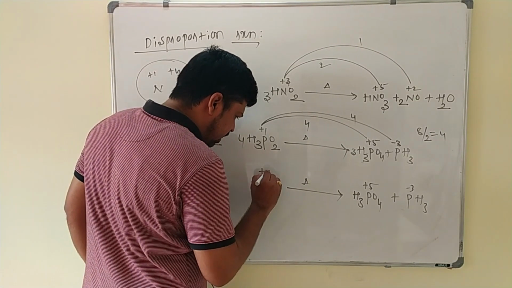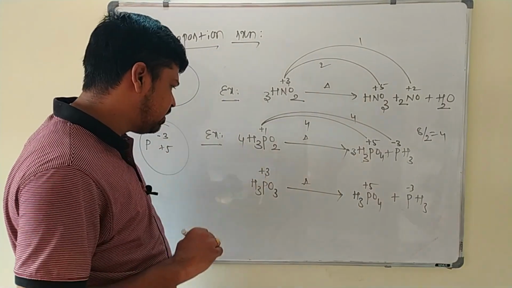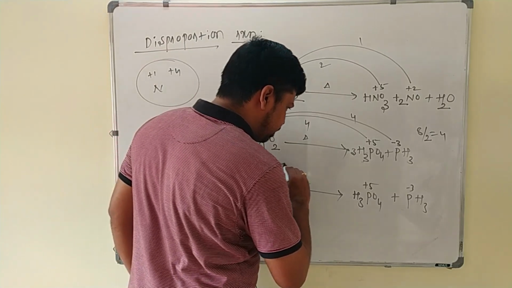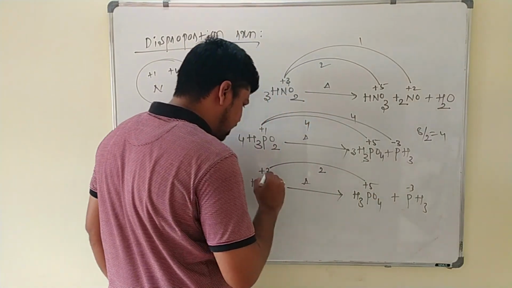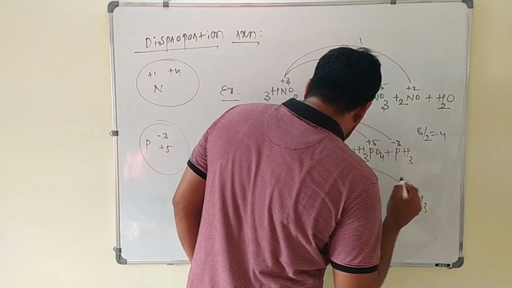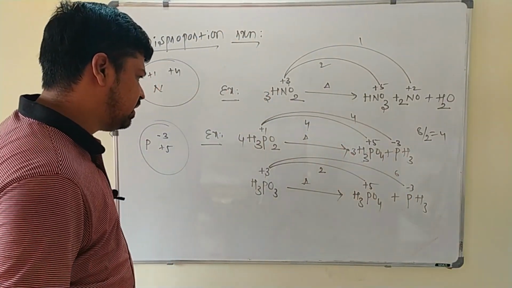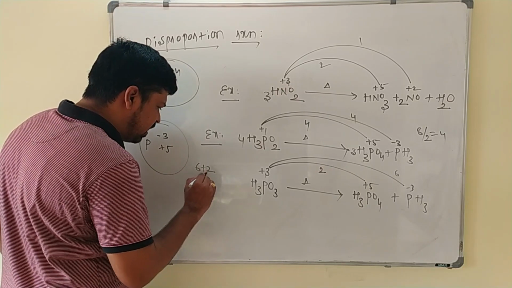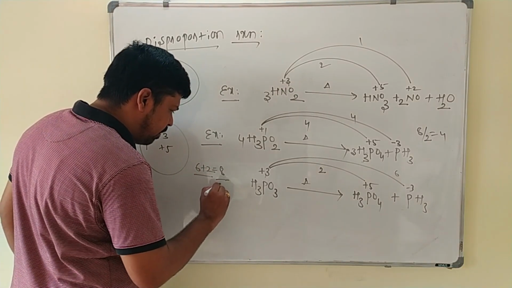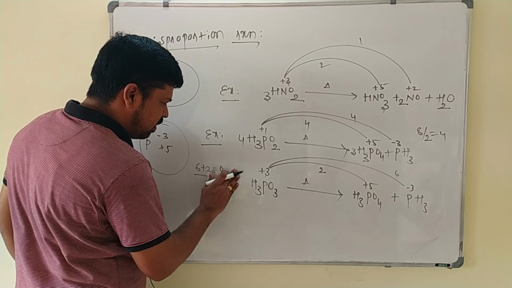And here, I think this is the +3 oxidation state. So this is a 2 unit oxidation state change, and +3 to -3 is a 6 unit change here. So 6 plus 2 is 8. 8 by 2 is again 4 here.